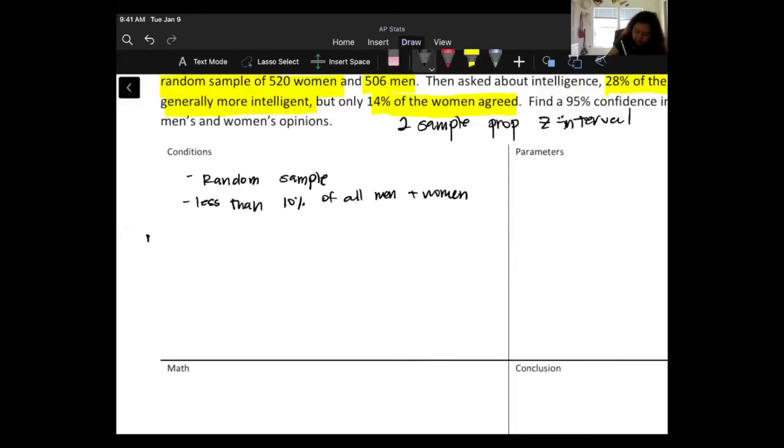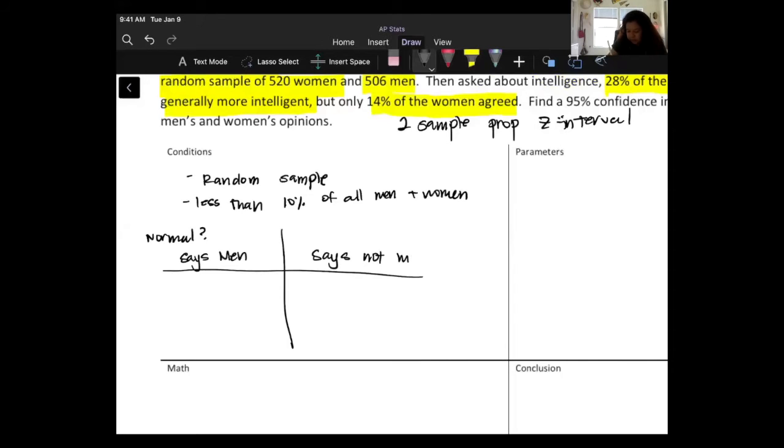And now we're going to check if this is normal. We're going to look at the number of people that say men are more intelligent and the number of people that say not men. So for men, we have 506 men times 0.28, which is 142 that say men are smarter, and 364 that say men are not smarter.